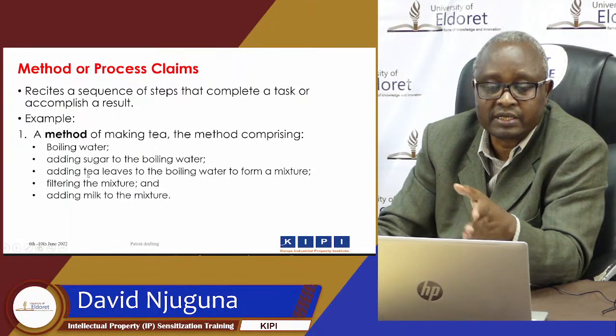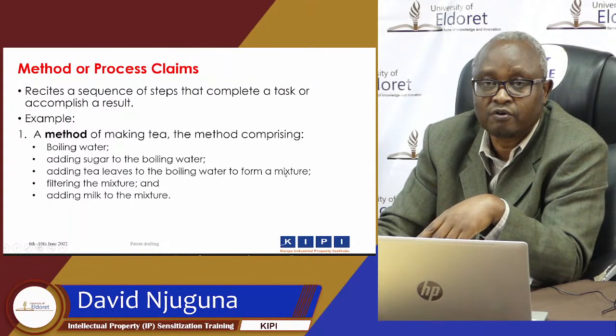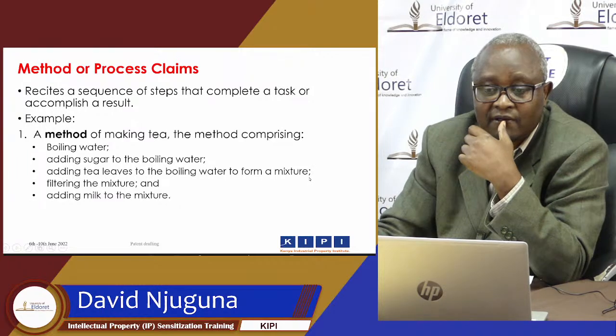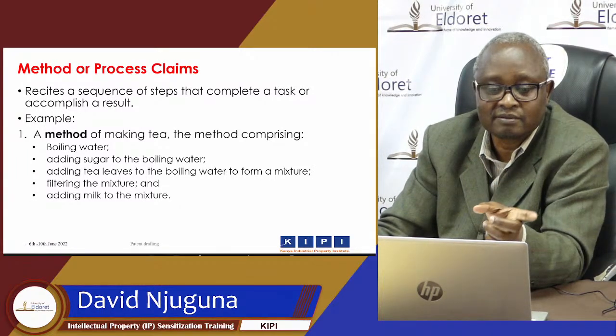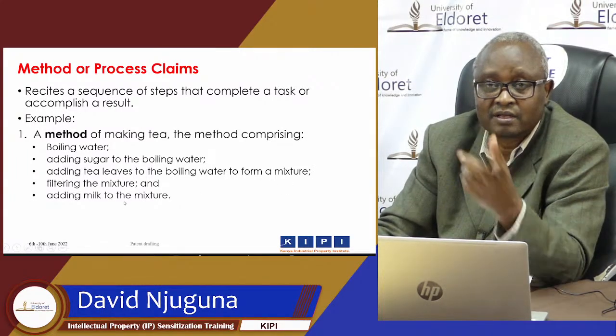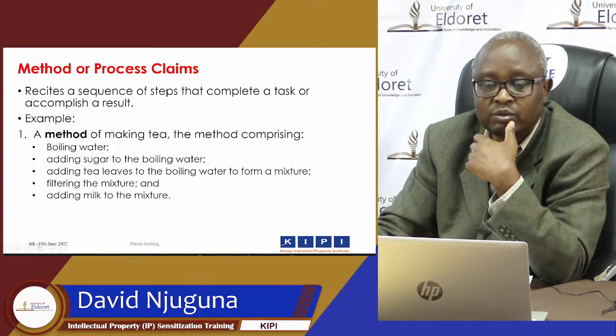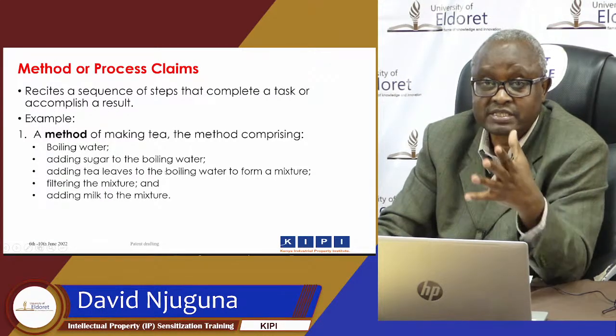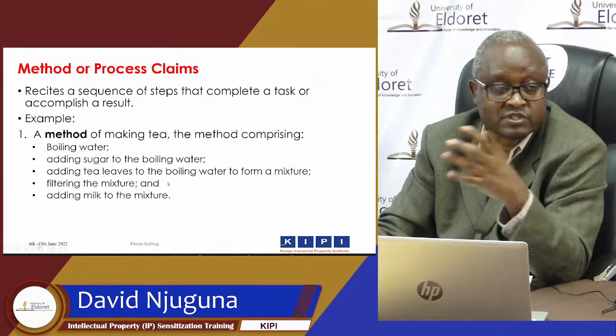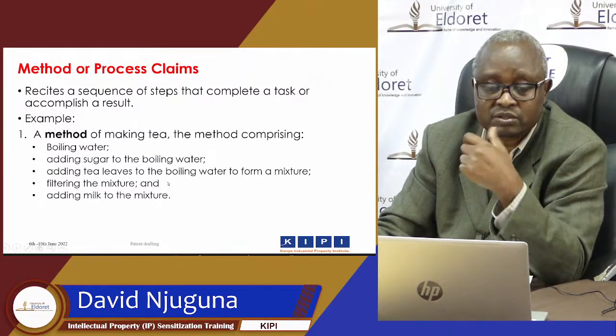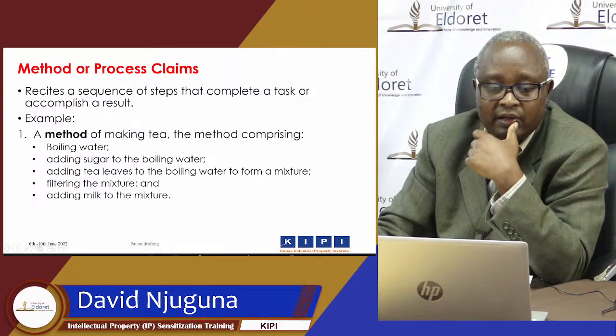Step number 3, adding tea leaves to the boiling water to form a mixture. So you formed a mixture by adding tea leaves to the boiling water. Step number 4, you filter the mixture. So again, you can see the relationship that is being created. There's a mixture, boiling water. So there's a relationship you're creating, and it's easy for somebody else to follow, to understand what it is that you are doing.